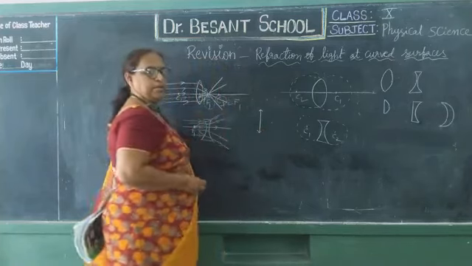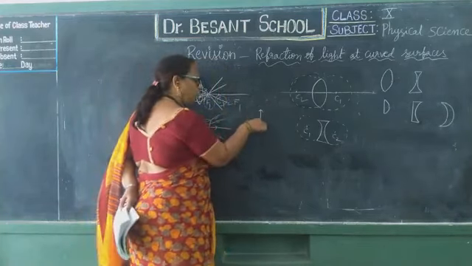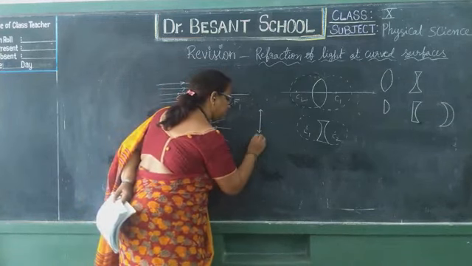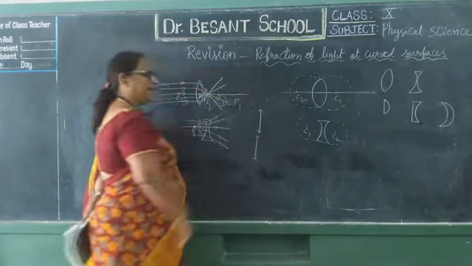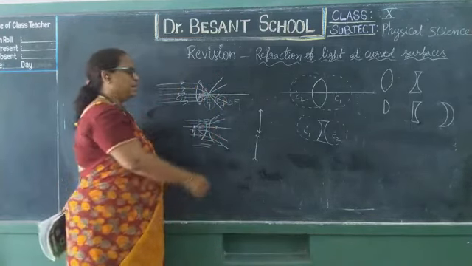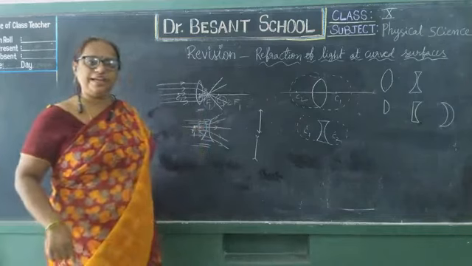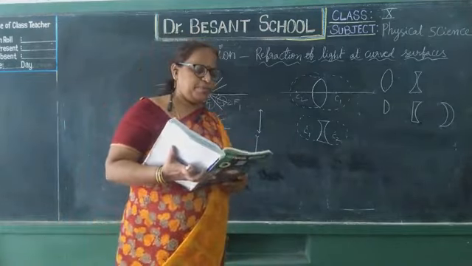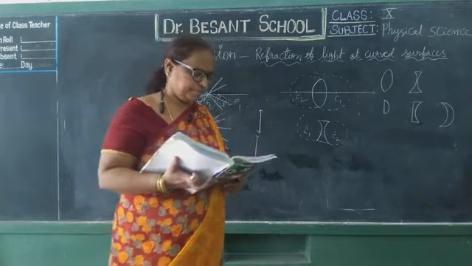Already I told you, it shows the rays are converging. For concave lens, the symbol shows rays are diverging. So concave lenses are diverging lenses and convex lenses are converging lenses. Clear?